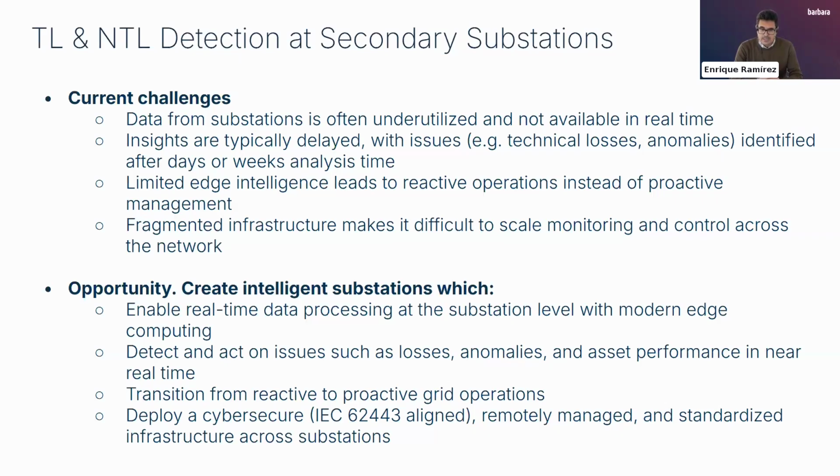When we do have insight from the data, it is normally delayed, so any issue that may arise is normally identified days or weeks later. We don't have the chance to react to these anomalies in real time.